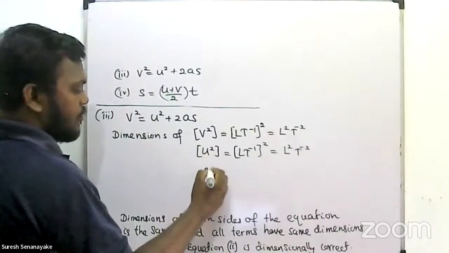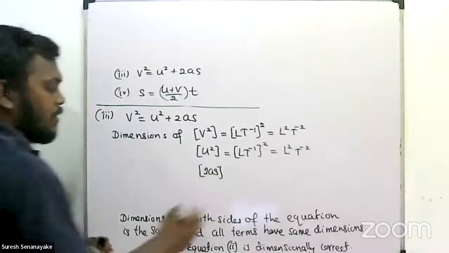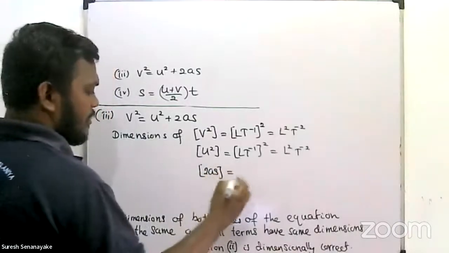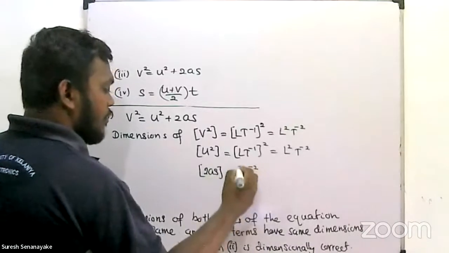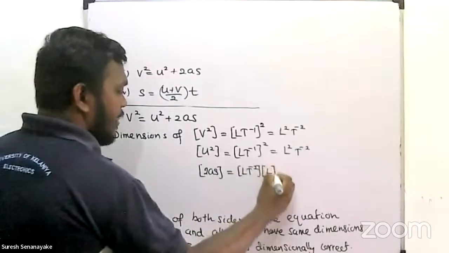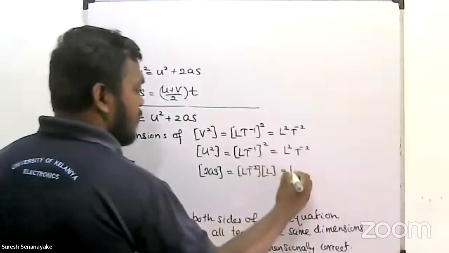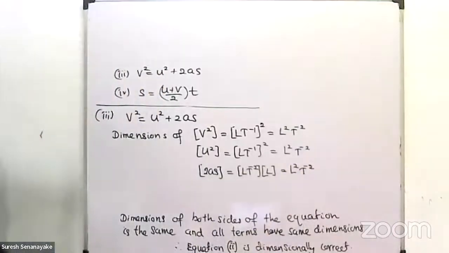Then the 2as term, you don't need to consider 2. The 2 has no dimension. Acceleration has a dimension LT minus 2, and the displacement s has the dimension L. By simplifying this, you can get L square T minus 2.